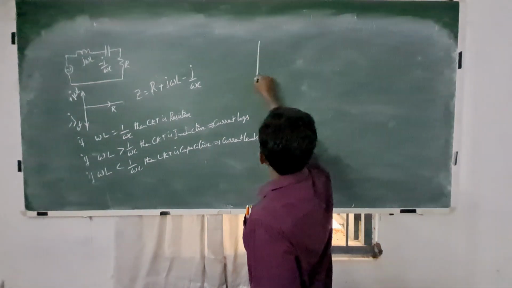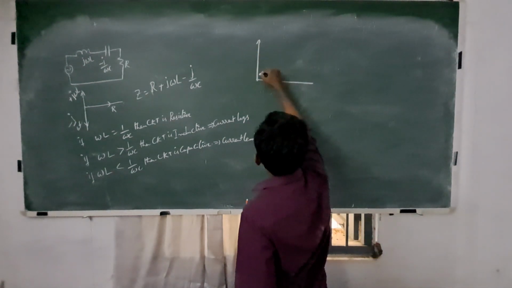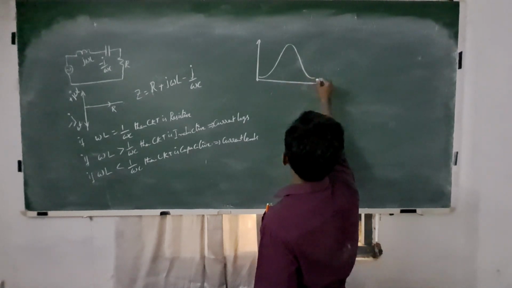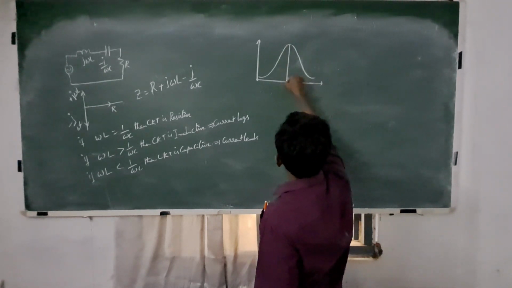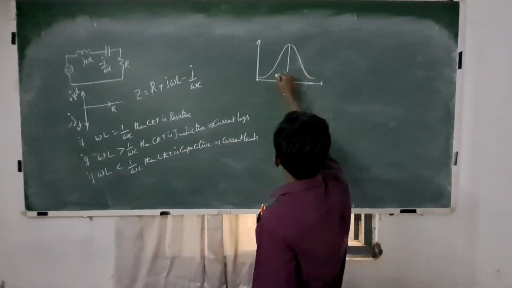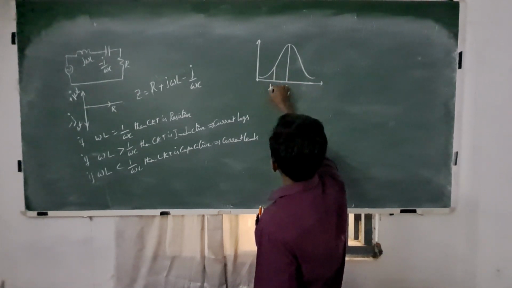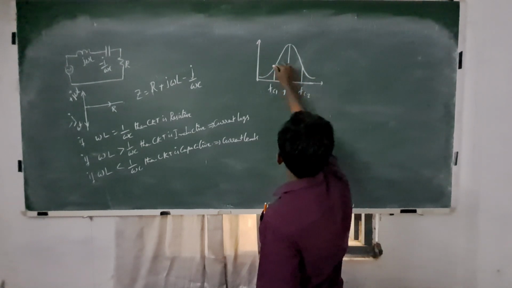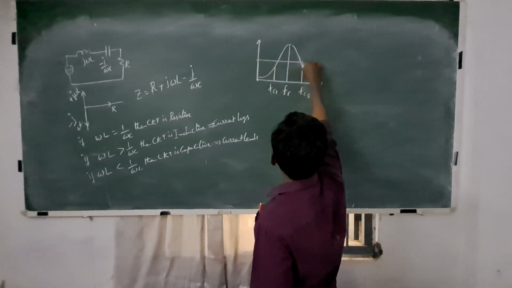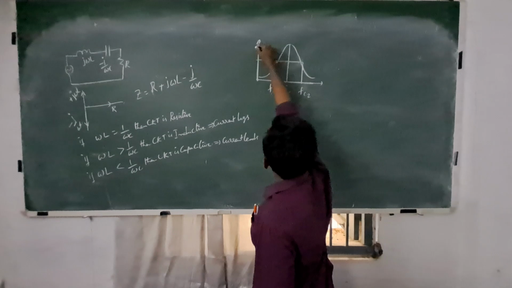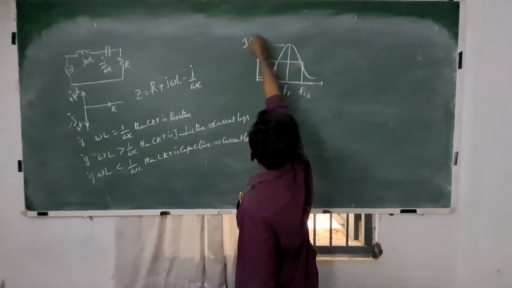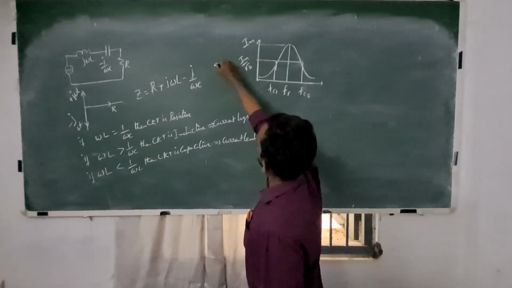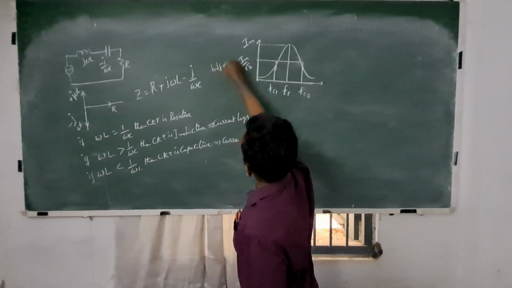So in the output current diagram, we have the resonance frequency, the lower cutoff frequency, and the upper cutoff frequency. Let's say this is I maximum, and this is Im by root 2, the half power point.